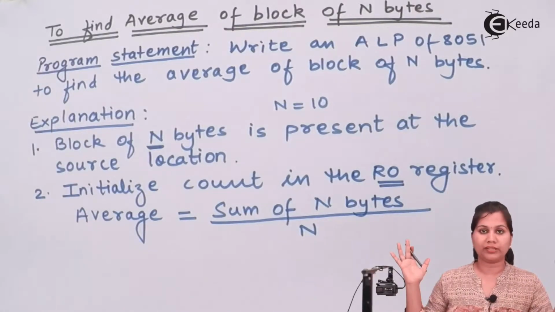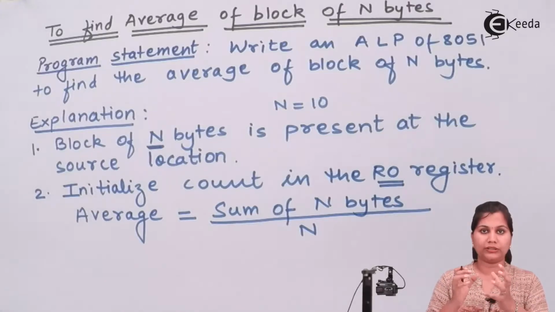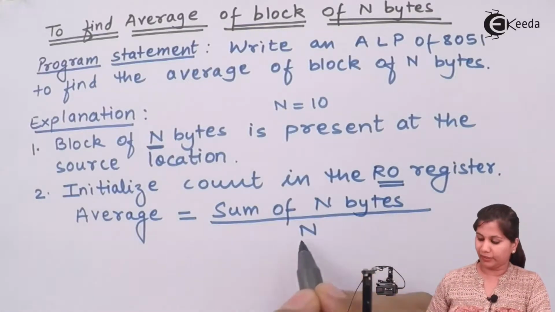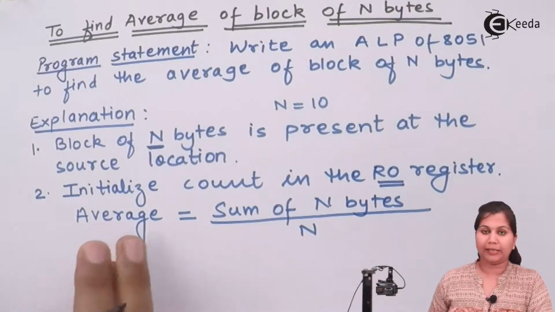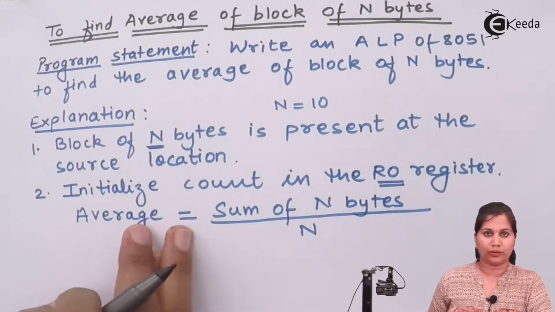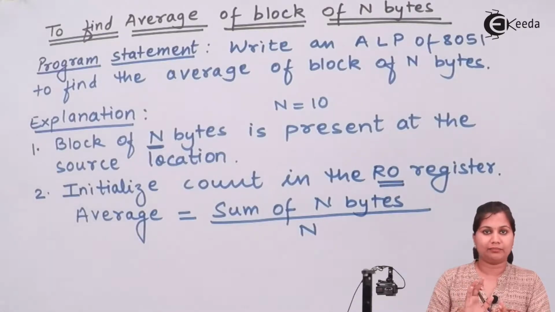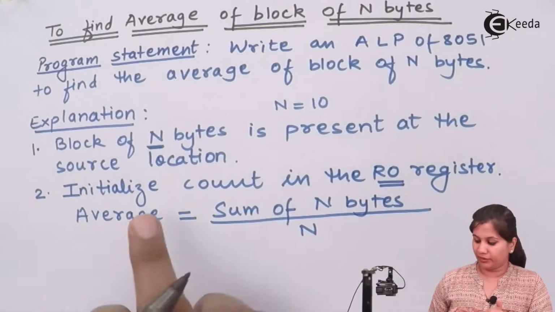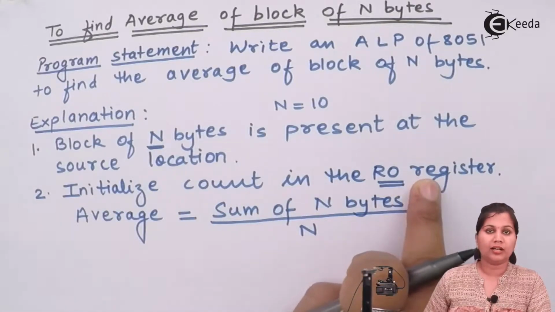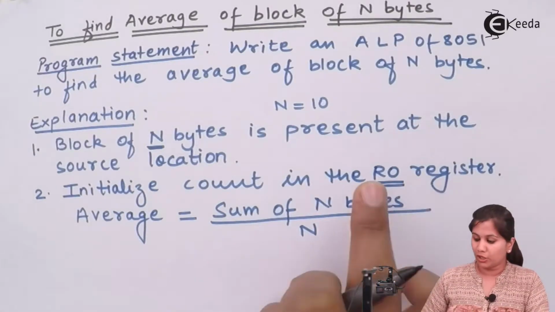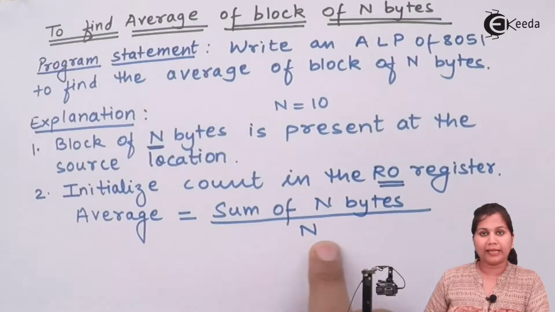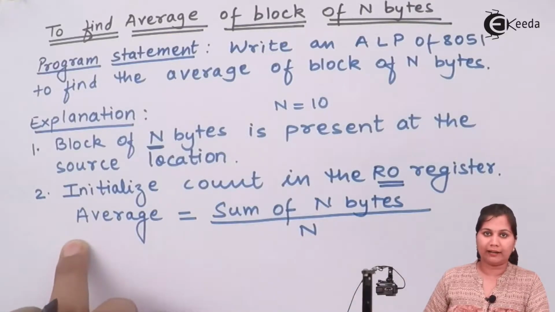We will take the sum of all these 10 numbers and then divide it by 10. Then we will be able to get the average. In the beginning we don't know how many numbers are present in the block, so to count them we have the counter in the R0 register, so that we can divide by n and get the average.